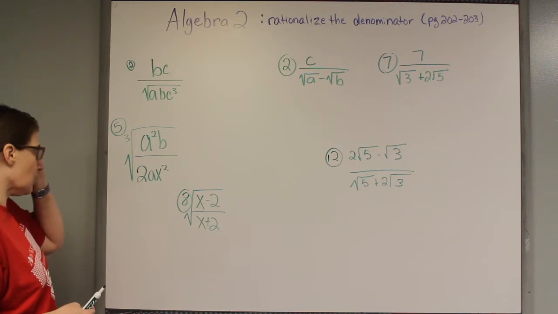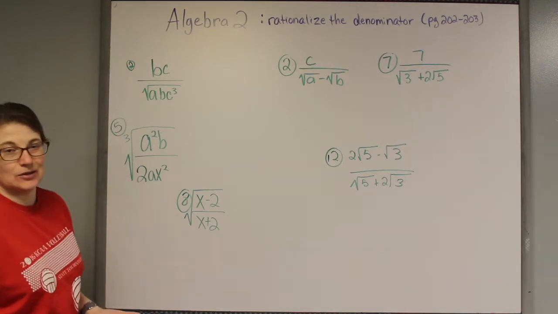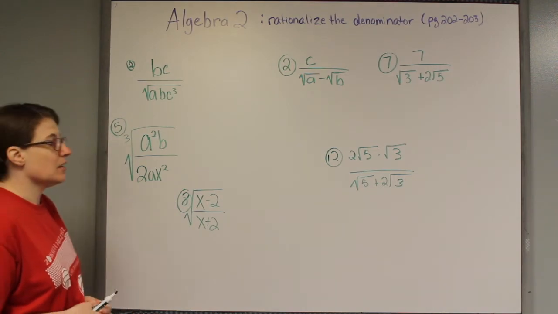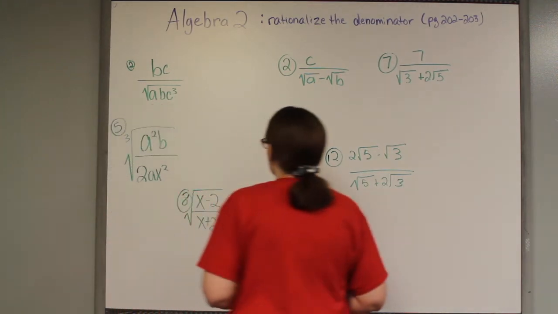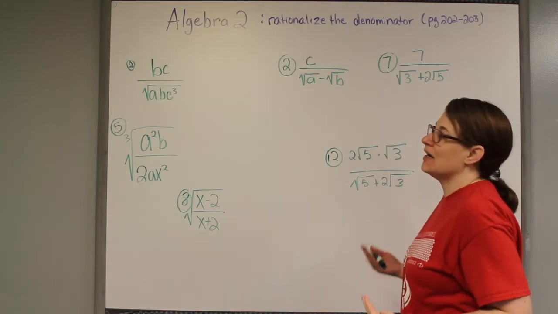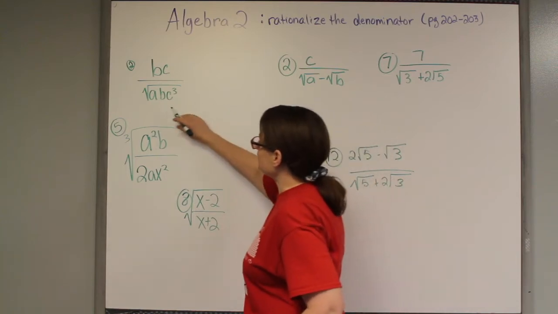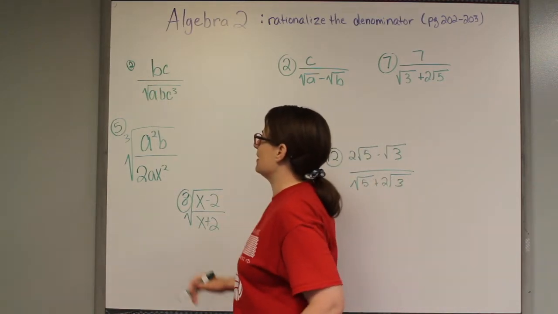So we're going to start out on page 202 because they're a little bit easier. Rationalizing the denominator. We've already done that somewhat. Can't have a radical in the bottom of a radical and you're getting rid of it. On problem 2, this is a square root down here.